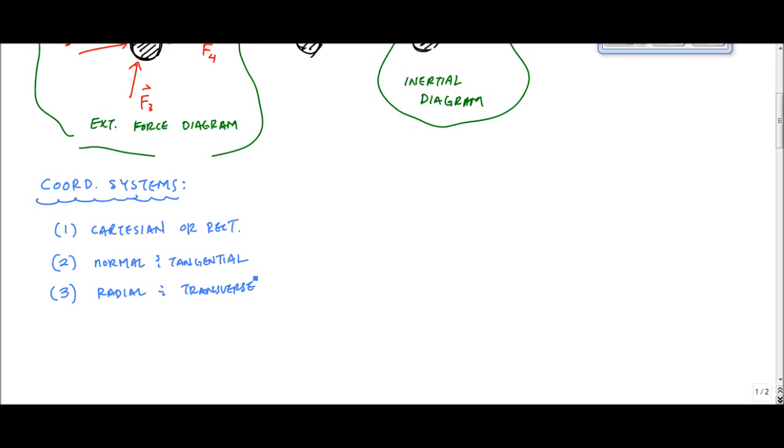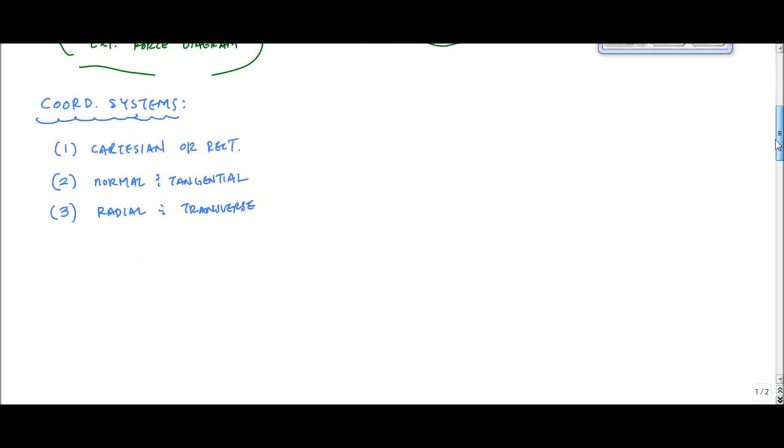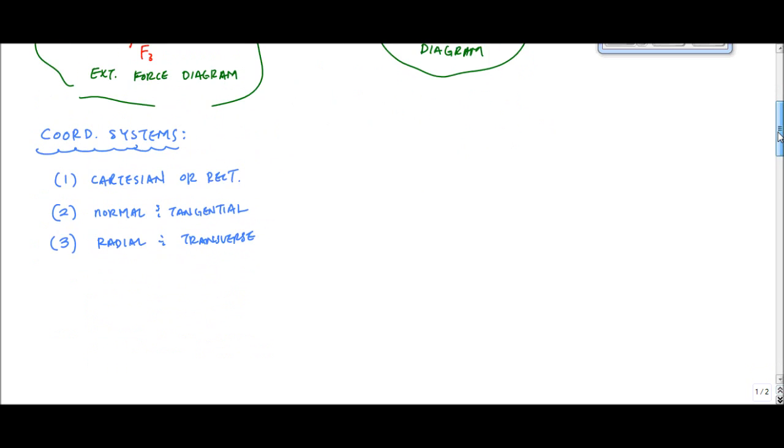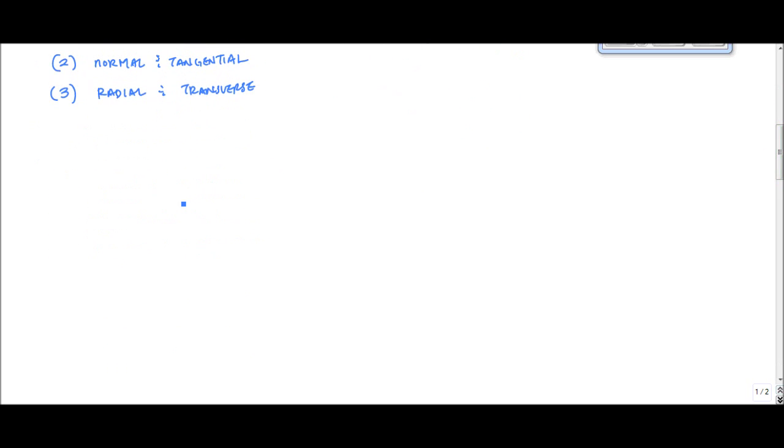So if I have, for instance, a particle here, I'll just redraw it here. I have my external force diagram, and I have this resultant sum of the F, which is equal to mass times acceleration.